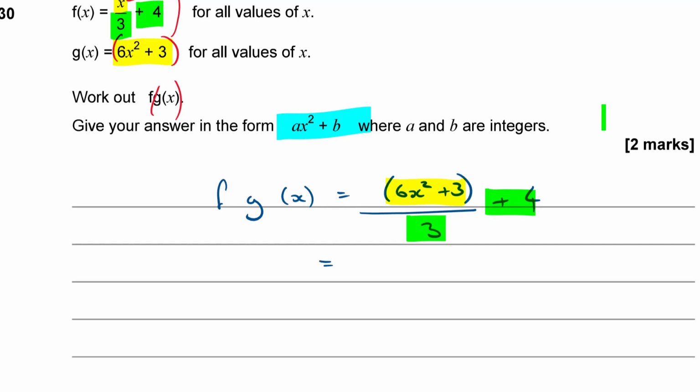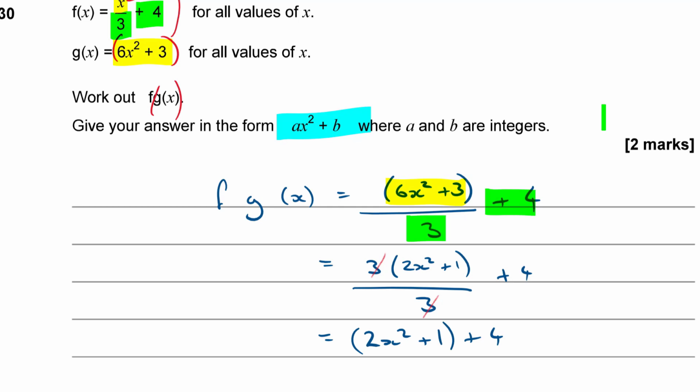Let's see if we can simplify this. First off, 6x squared plus 3 factorizes. I can take 3 out as a common factor. So that's 3 lots of 2x squared plus 1, divided by 3, plus 4. The reason I've done that is that I can then cancel those away. 3 divided by 3 is 1, so I just end up with the bracket. So that becomes 2x squared plus 1 plus 4.